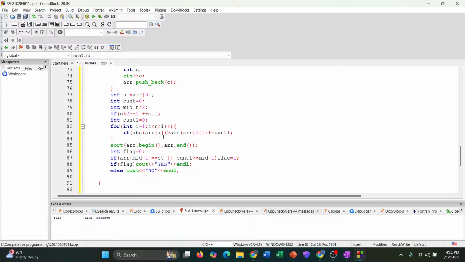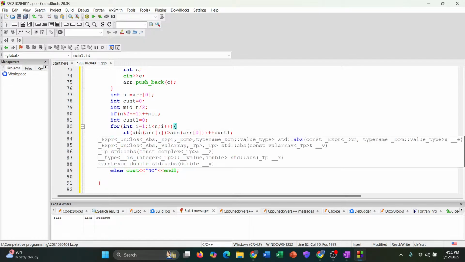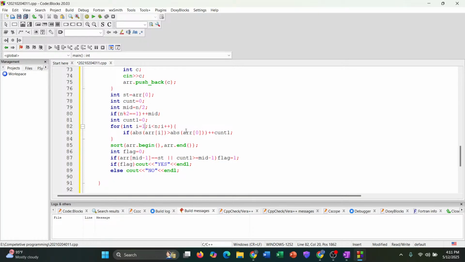Then we take the number of elements whose absolute value is greater than the absolute value of the first element. If that number is greater than or equal to mid minus 1, then the answer is always yes, and we take the flag as 1.